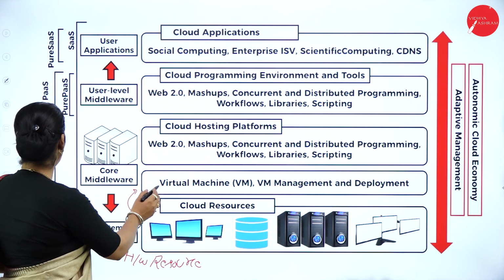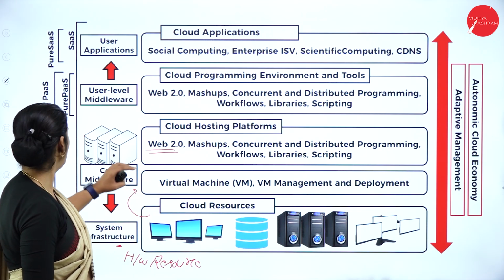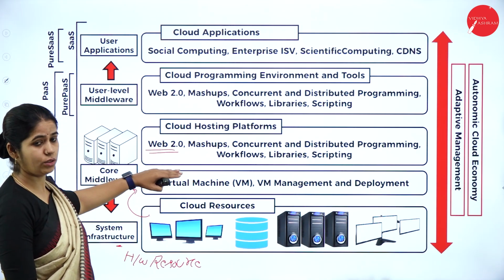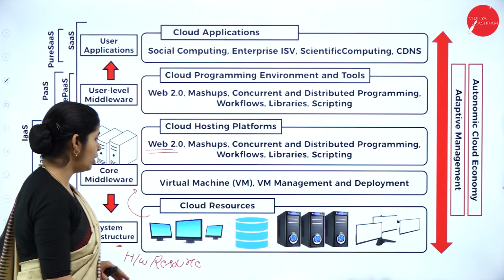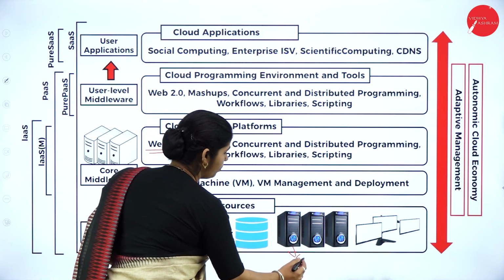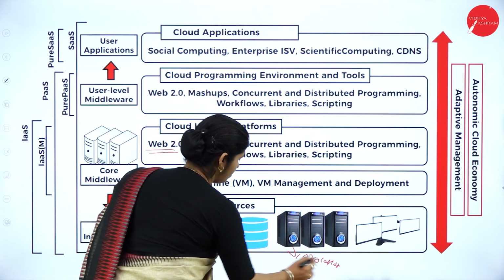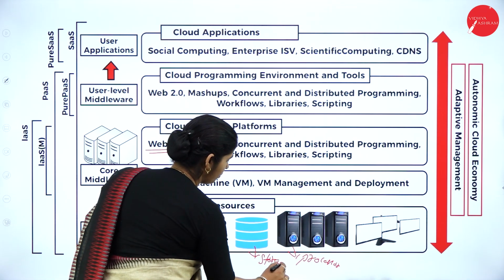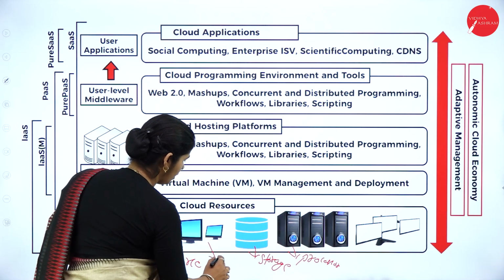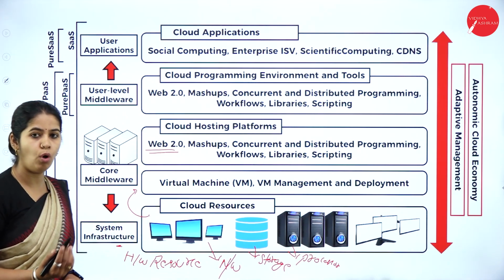After converting to virtual machines, we use some cloud hosting platform to use these resources. What resources? These are all the resources. It may be the processor, it may be the storage, that is memory, it may be any networking resources like routers, hubs, modems.